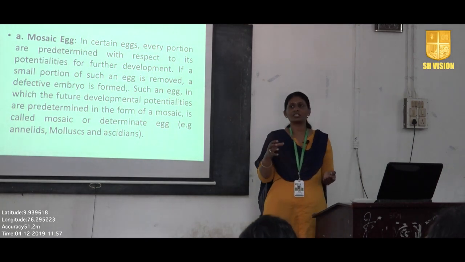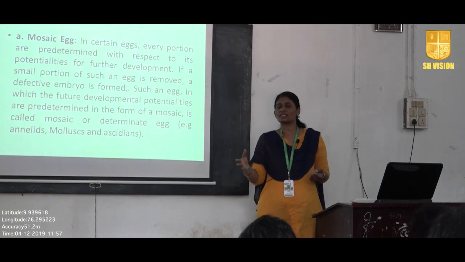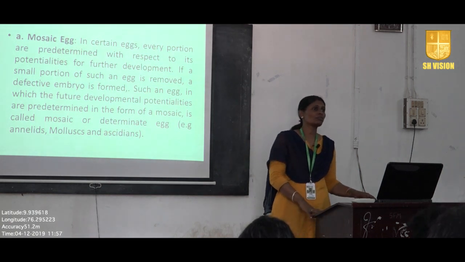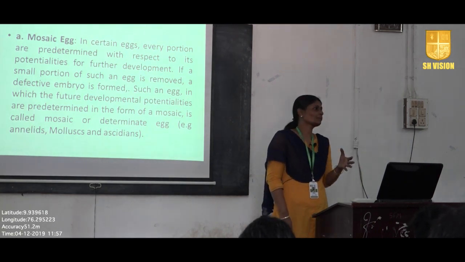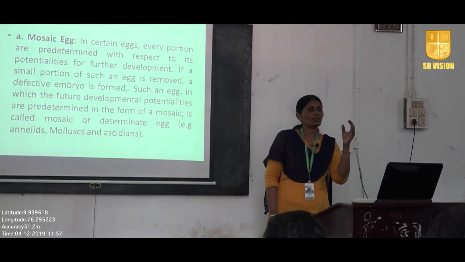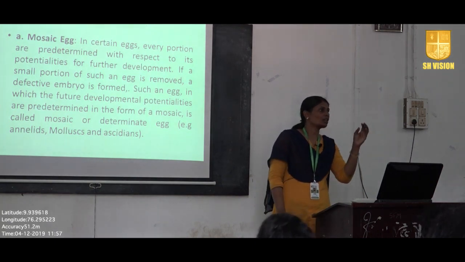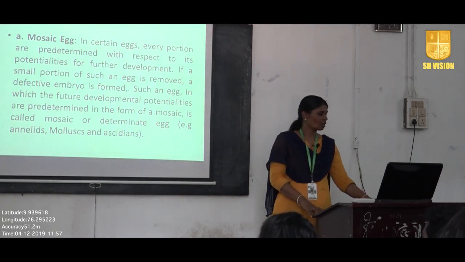Whereas in the regulative one, if you damage any number of cells, it develops into a complete one, because there it's not predetermined. In mosaic, each portion is predetermined or destined to become a part of the organism, whereas the regulative one compensates.